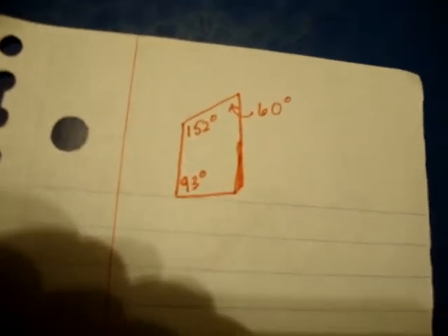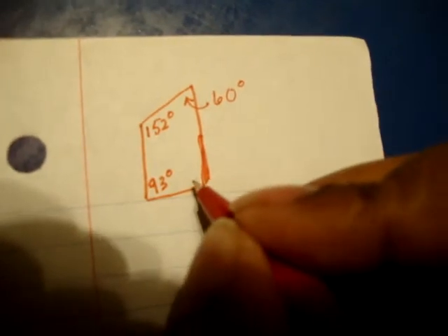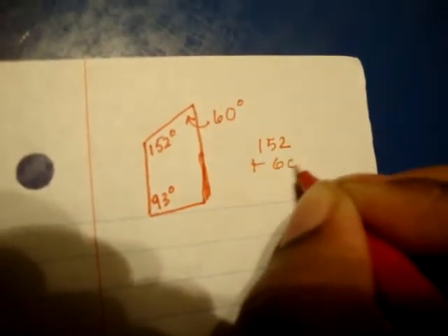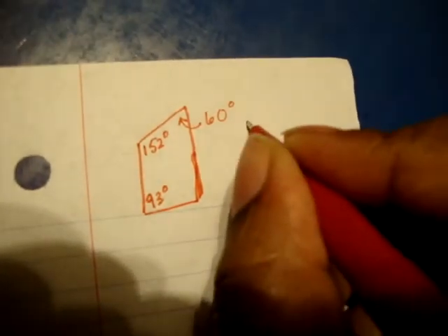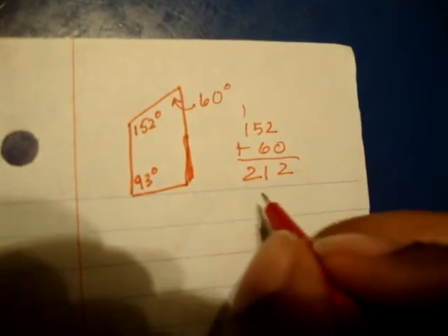In this case, instead of adding them up and then subtracting from 180, we're going to add them up and then subtract from 360. So let's go. This is our missing angle. 152 plus 60. You all probably can get some calculators. I've got to do mine by hand. 152 plus 60 gives us 212.